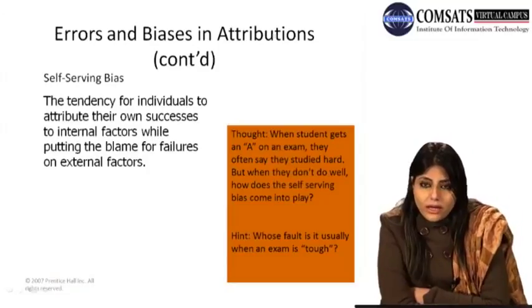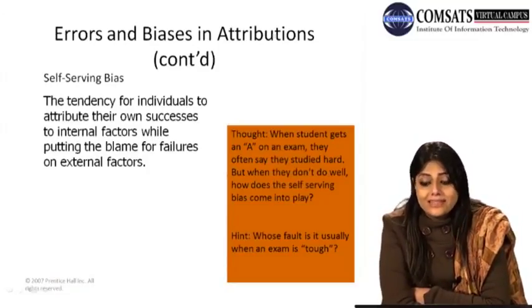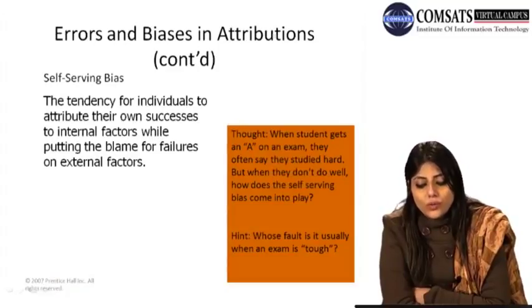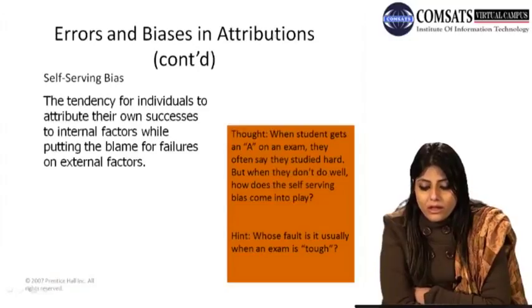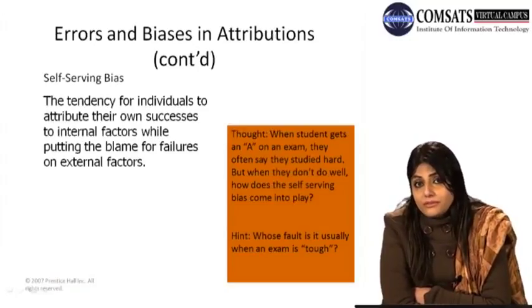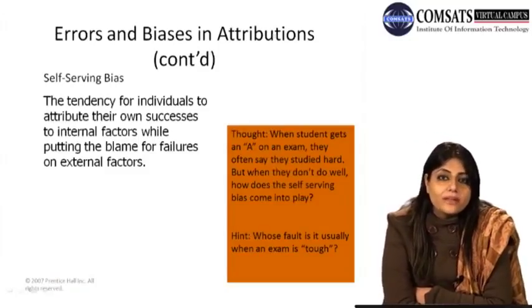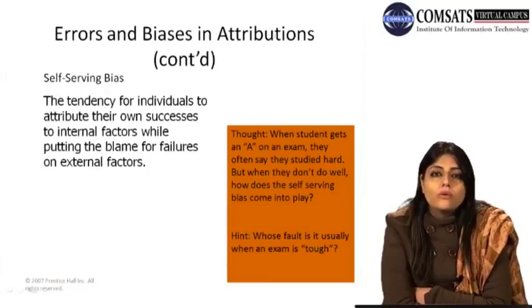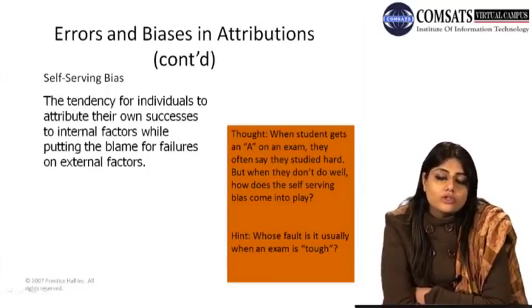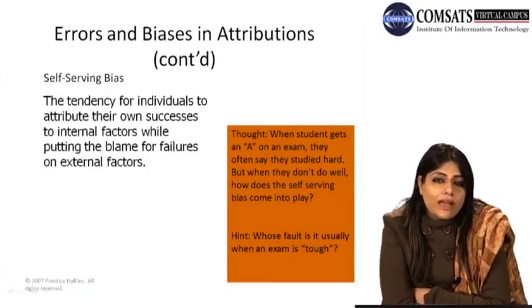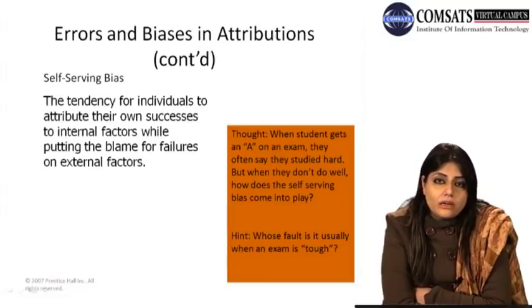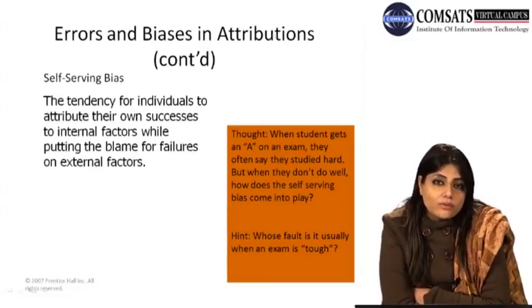So here, when a student gets an A on an exam, they often say they studied hard. But when they don't do well, how does the self-serving bias come into play? Whose fault is it usually when an exam is tough, right? It's a simple example. As a student, when the paper went well and he got very good marks, he would say that he worked really hard.